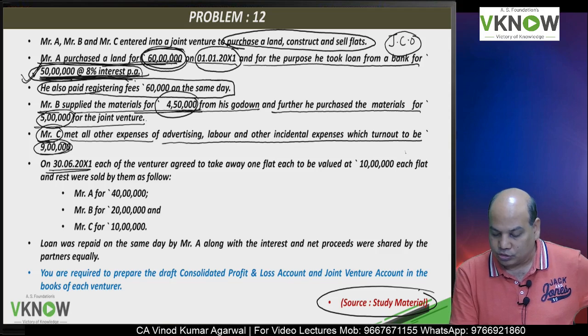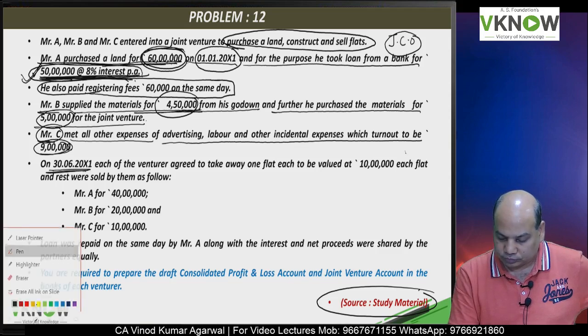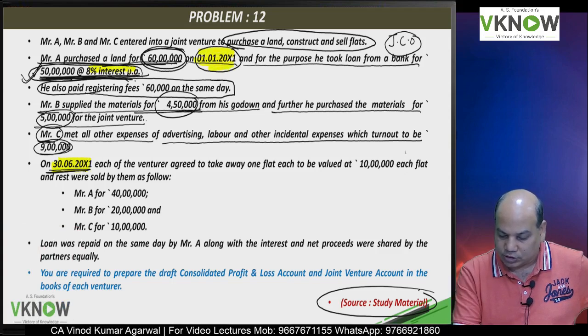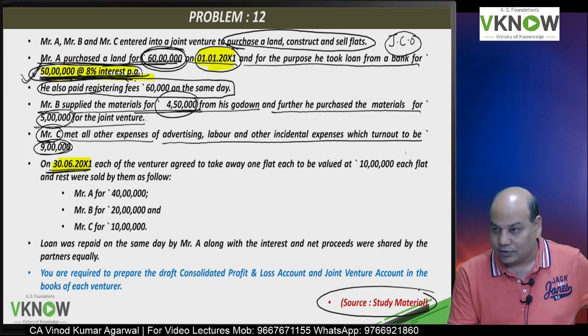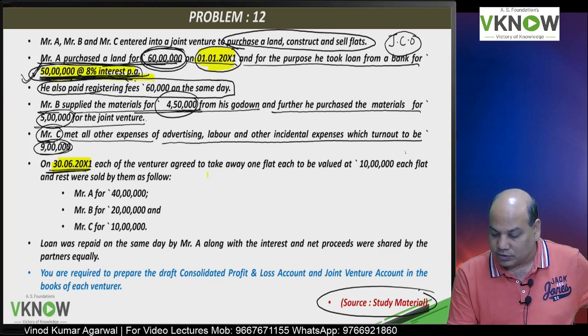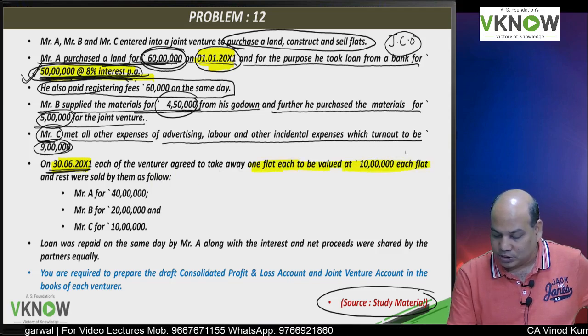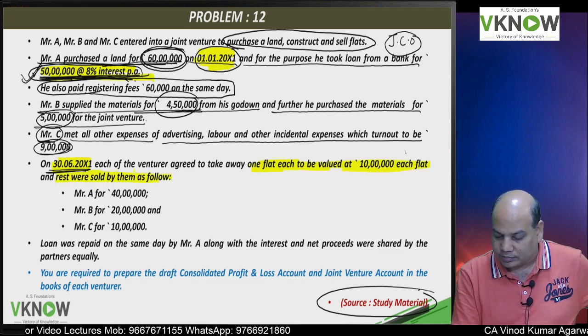Then on 30th June 2001, dates are important for interest calculation. On 30th June 2001, each of the venturers agreed to take away one flat valued at 10 lakh rupees each, and the rest were sold by them.